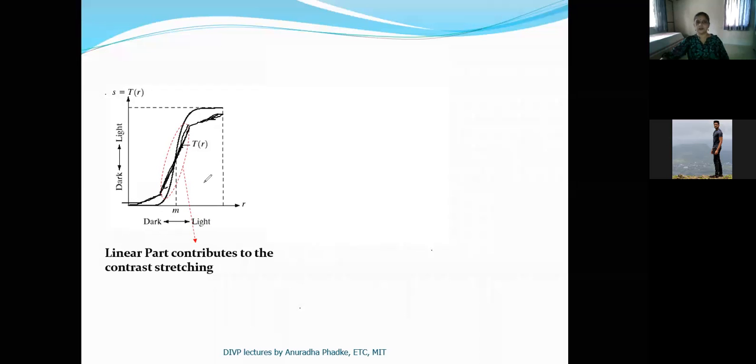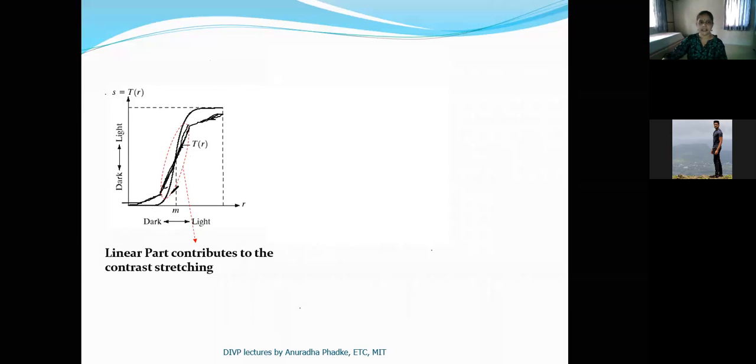So we can use piecewise linearization for implementation of this S-shaped curve, because if we try to implement the S-shaped curve as it is, we need a greater number of computations and a greater amount of storage. Instead, to make the practical implementation simpler, we approximate it by piecewise linear segments.